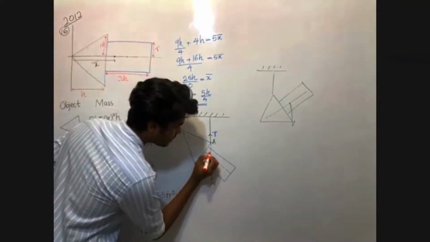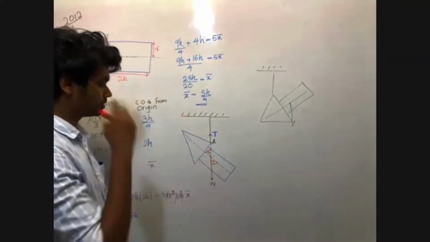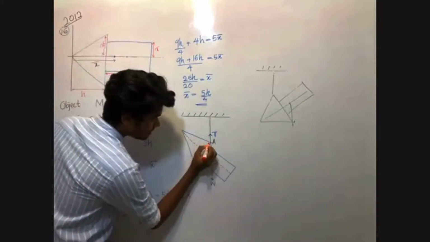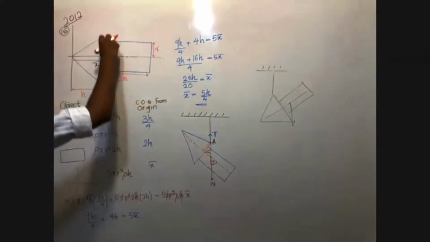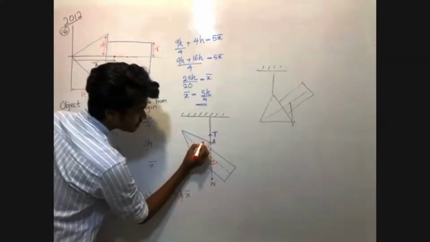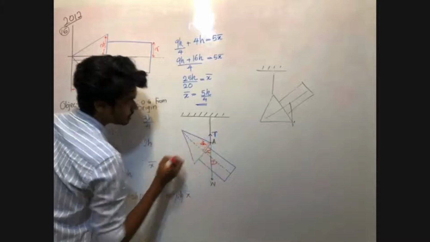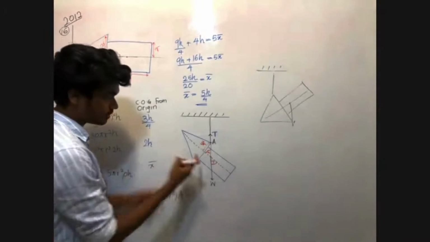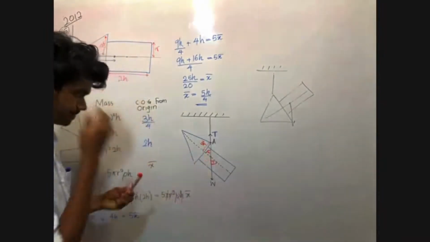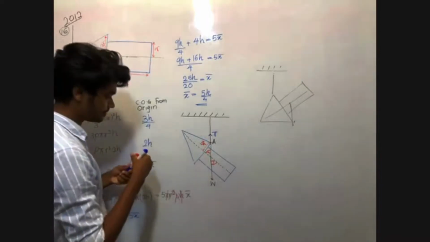This is alpha. This is also alpha. So what is this length? That is 3R. And what is this length?